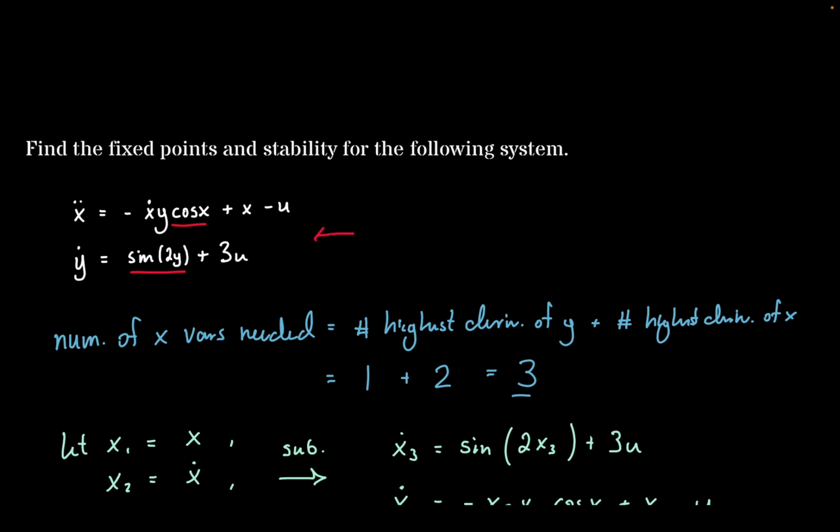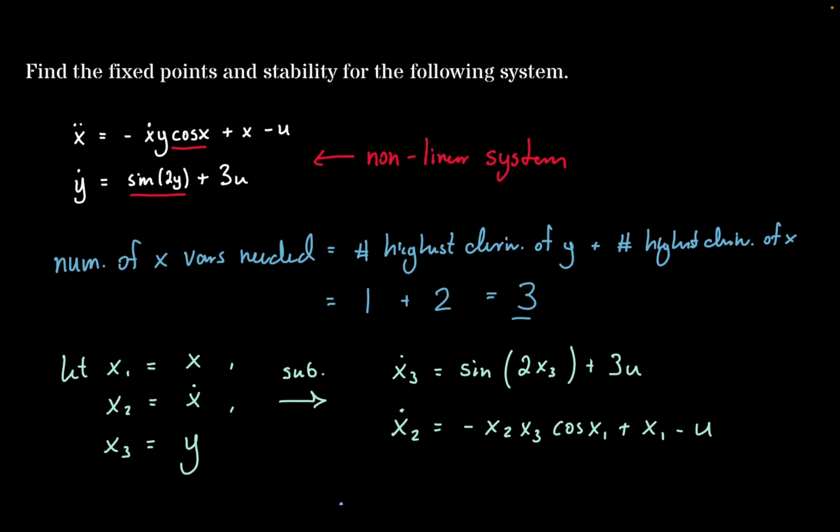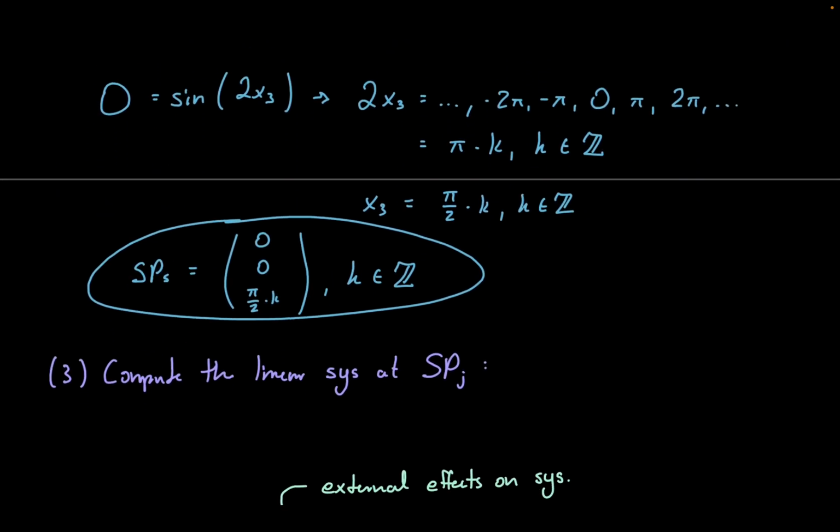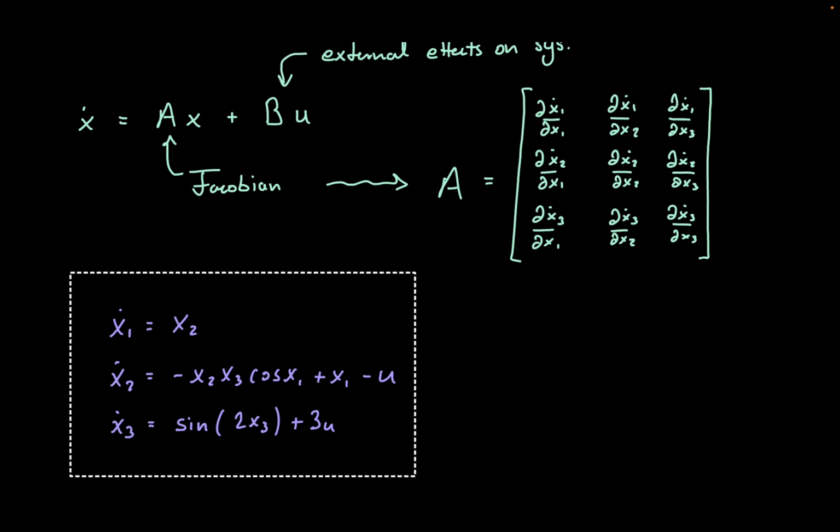This is what mainly makes this a non-linear system. Due to this being non-linear, we can't use the traditional approach where we pull out our coefficients from our x. Instead, we have to use this partial derivative format that we have right here.